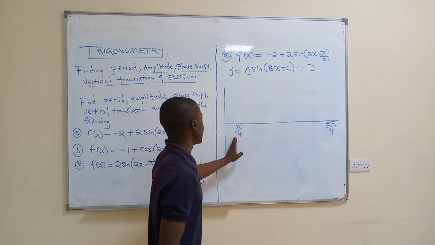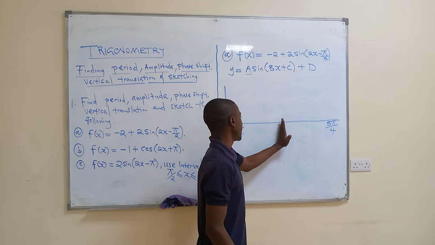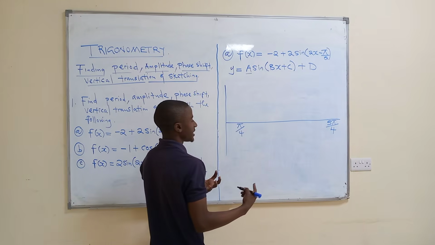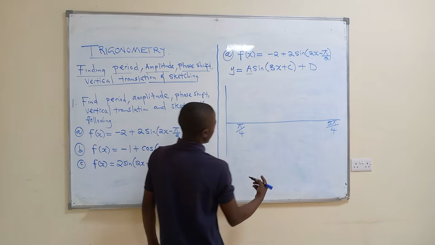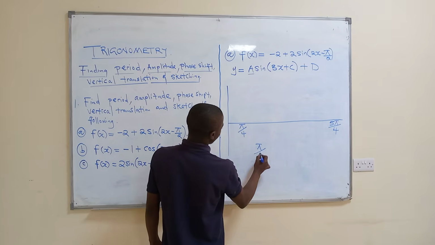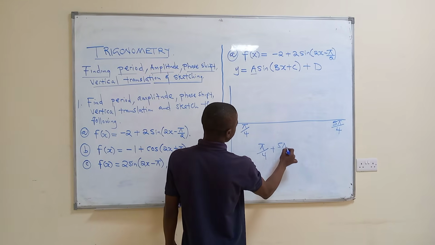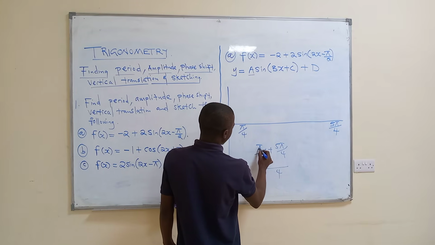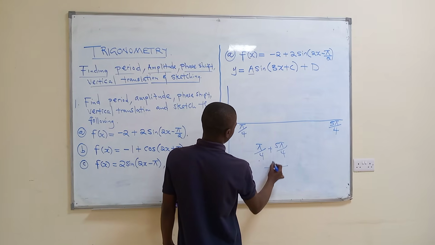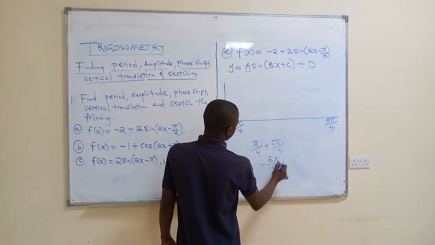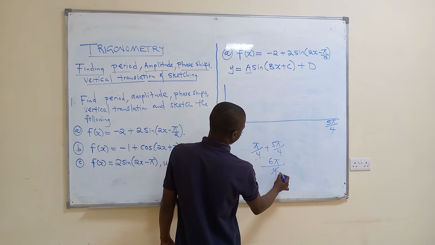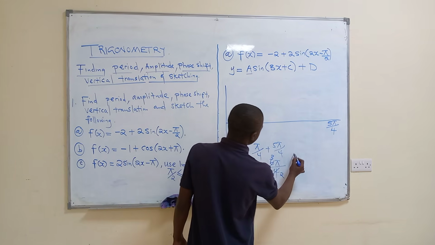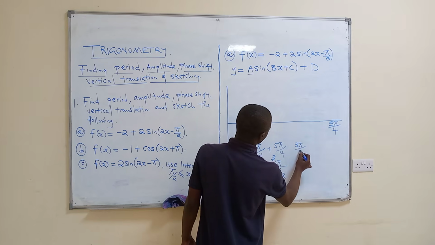So to find the value in between here, we are going to add this with that, and then we divide the value by what? 2. So pi over 4 plus 5 pi over 4. Common denominator, that is 4. Here that is pi plus 5 pi, that is 6 pi. So 2 in there, that is 2. 2 there, 3. This is 3 pi over 2.